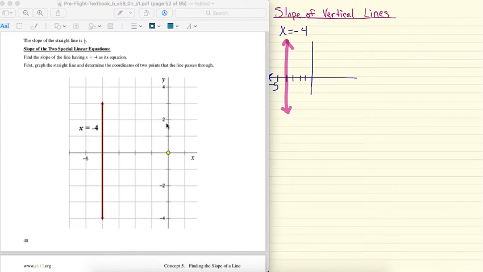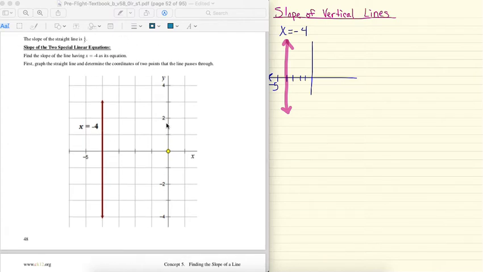Now, if I were to pick 2 points that go through this line I have drawn in red, x equals -4, I'm going to pick this one that's right on the x-axis because that's easy to see. It's the point -4, 0.